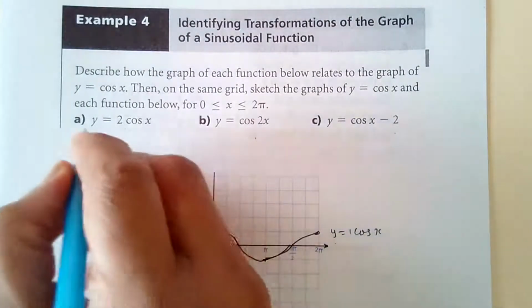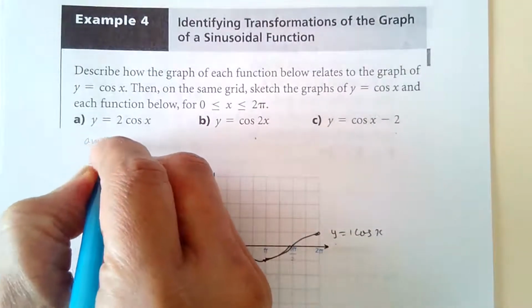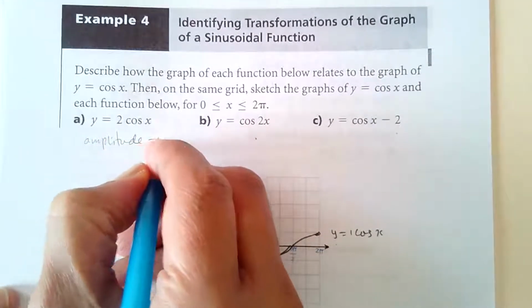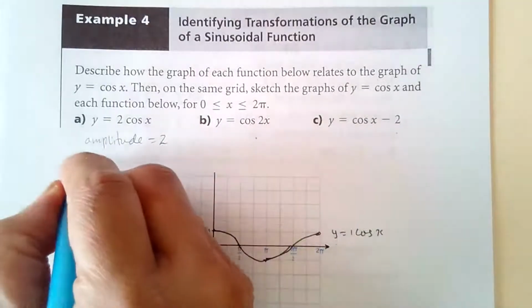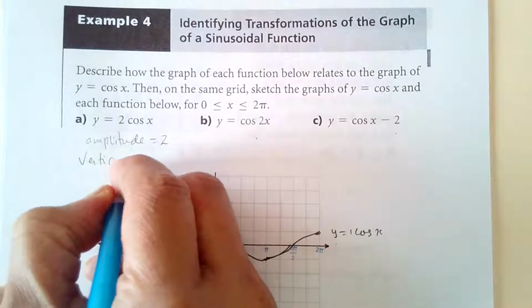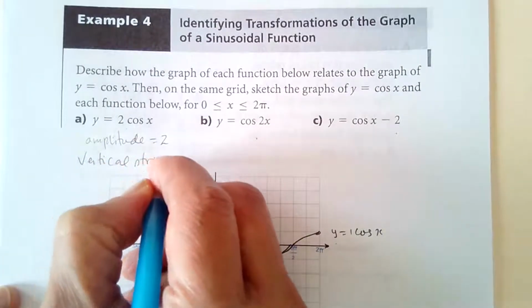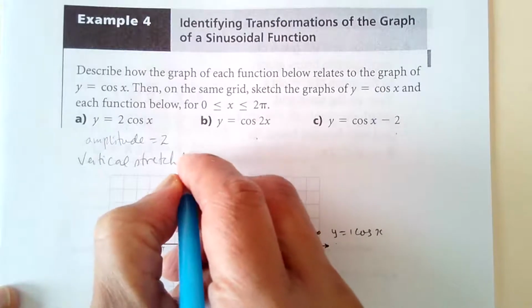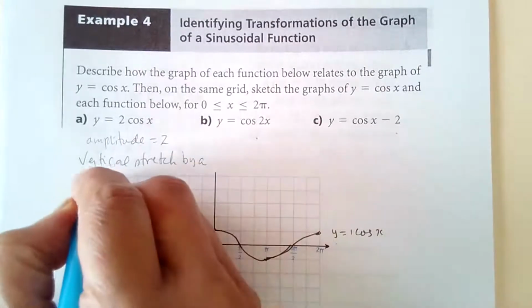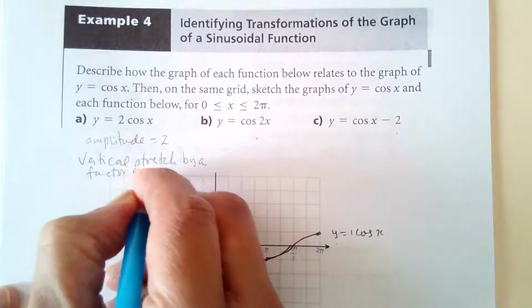You multiply by 2, so the amplitude is equal to 2. In other words, a vertical stretch by a factor of 2.